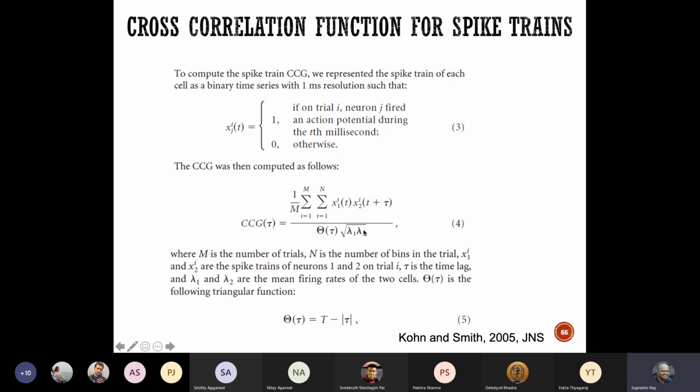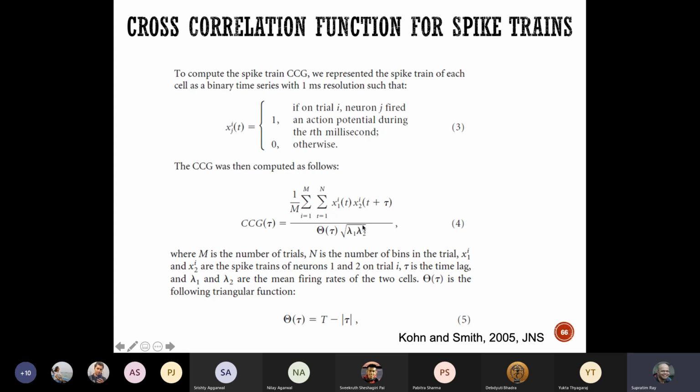So I normalize it by the mean firing rate, such that just because the absolute firing rates are high doesn't change the metric. So this is called a cross correlation function, and in this case, it's a normalized cross correlation function which accounts for the fraction of coincident spikes. It's normalized by the absolute firing rate.